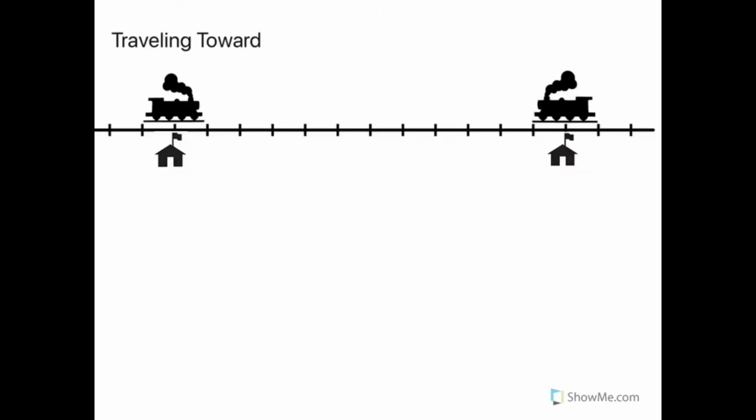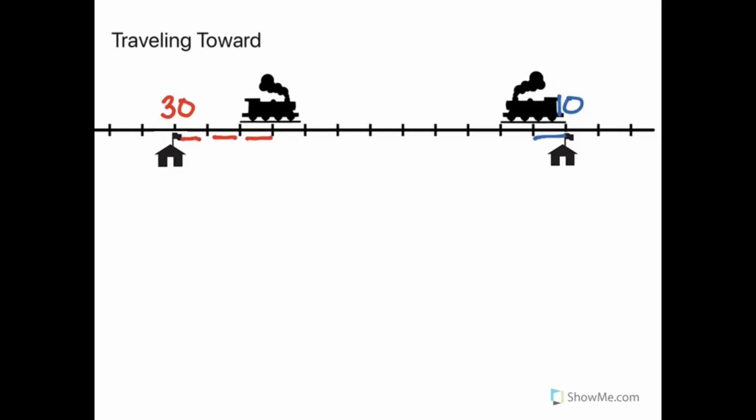A traveling toward problem begins with travelers a fixed distance apart, and the question is usually about where they meet. Well, let's watch these trains chug towards each other on the number line. The train on the left will have gone 30 miles after 1 hour, and the train on the right will have gone 10 miles.